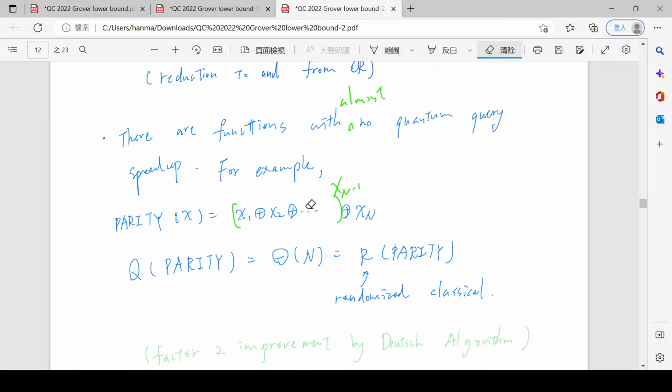So this is a pretty hard function. Classically it is order n, and quantumly it is also very hard. You can show that quantumly it is also Theta of n.